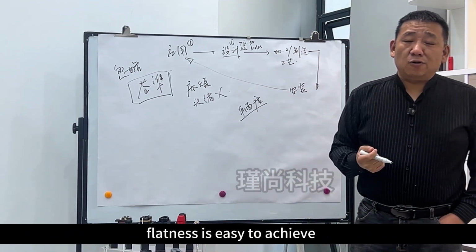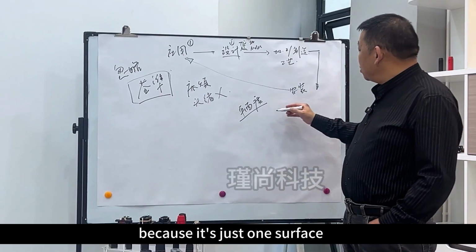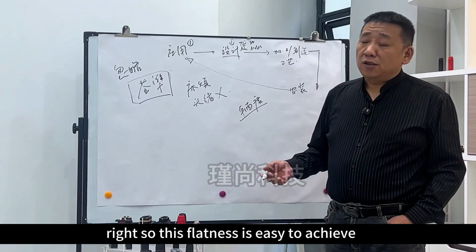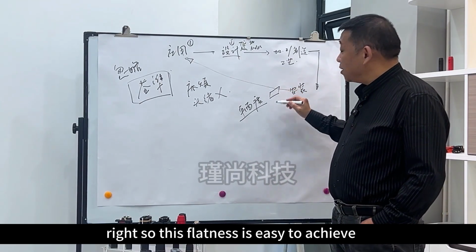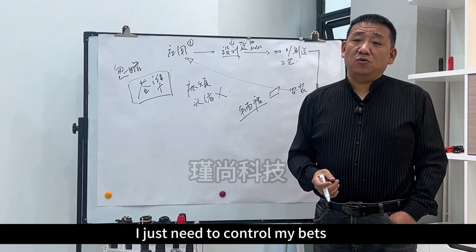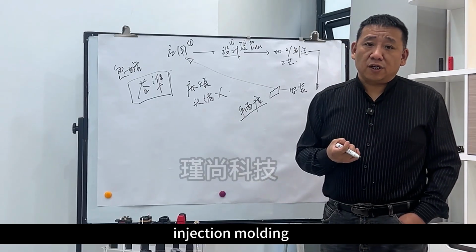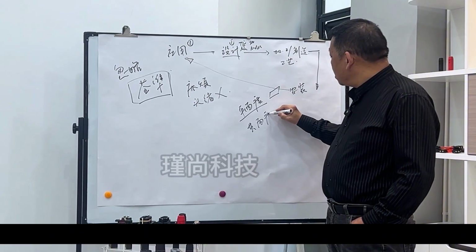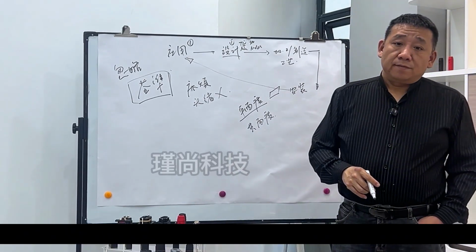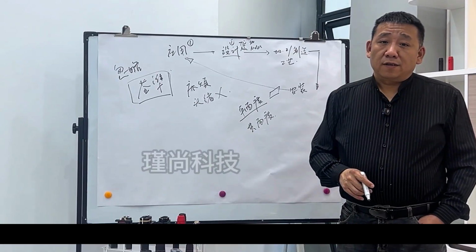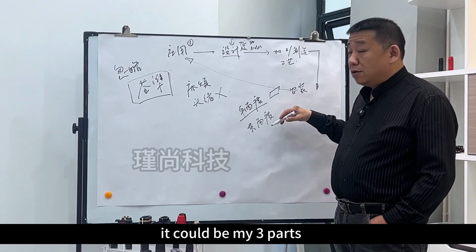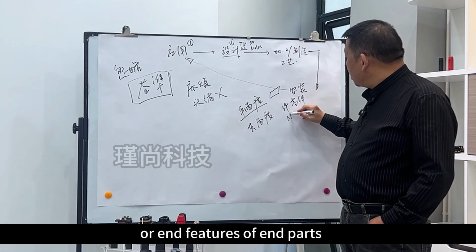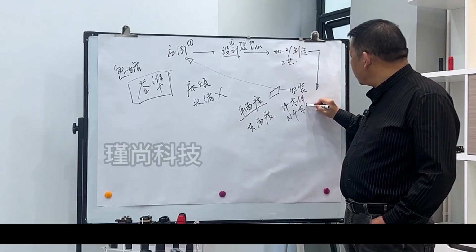Flatness is easy to achieve because it's just one surface of an injection molded part. I just need to control my injection molding; the system is okay. What about complementarity? It could be my 3 parts, or N features of N parts.